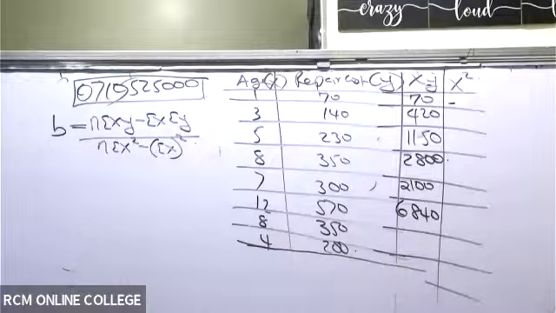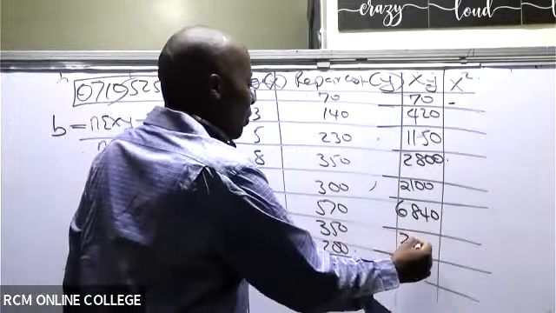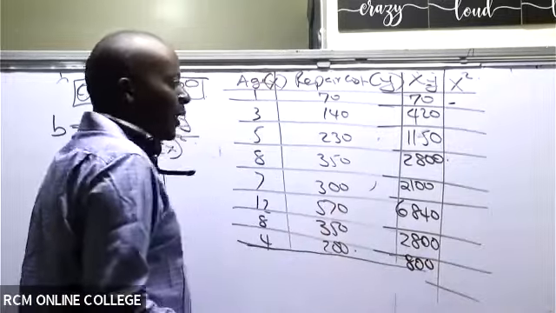I like when I see all the students participating, then I'll be able to give them great revision classes. So Sarah gives me 2,800. And then lastly, we have 4 times 200. This gives me 800.